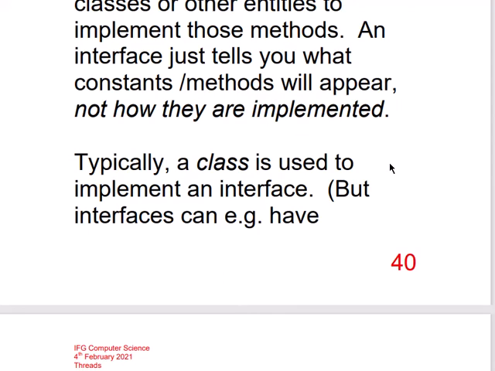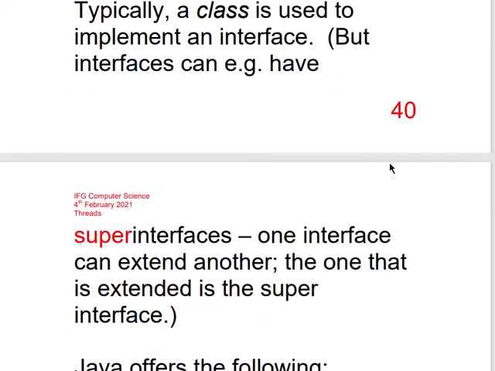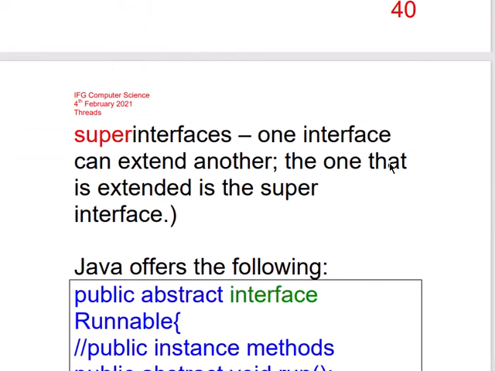Perhaps some of the methods aren't abstract; they are actually given some kind of implementation or definition. But interfaces can themselves have super interfaces. One interface can extend another, be a subclass of another. The one that is extended is the super interface.